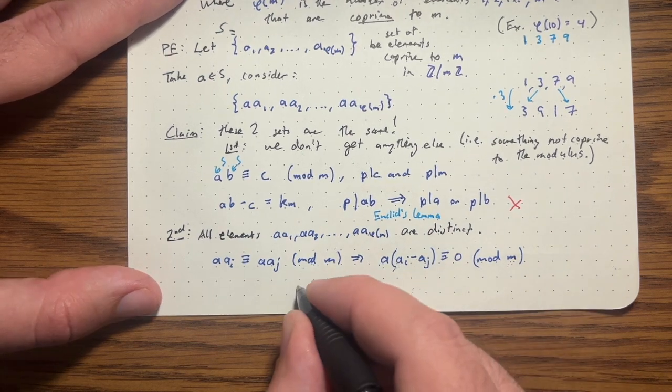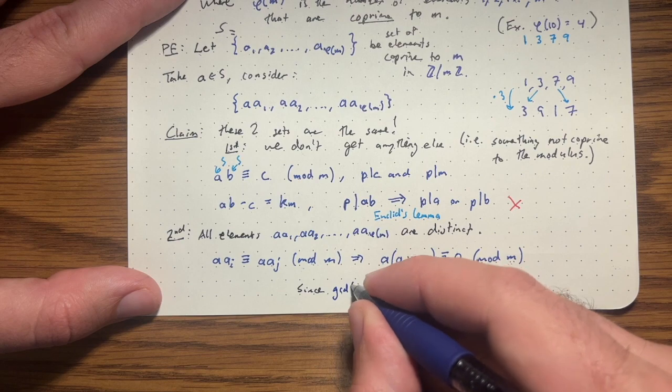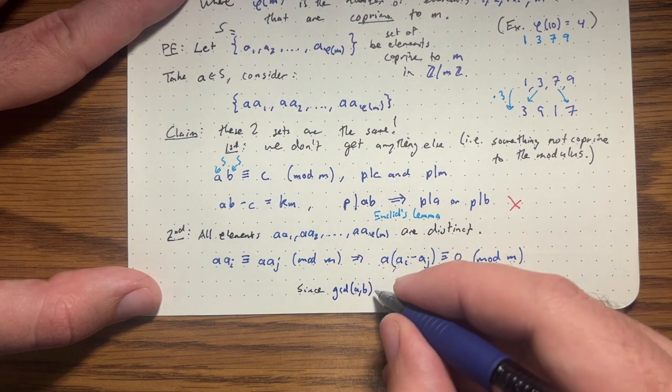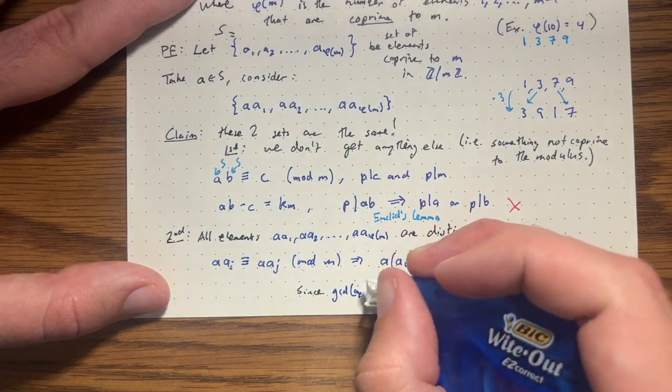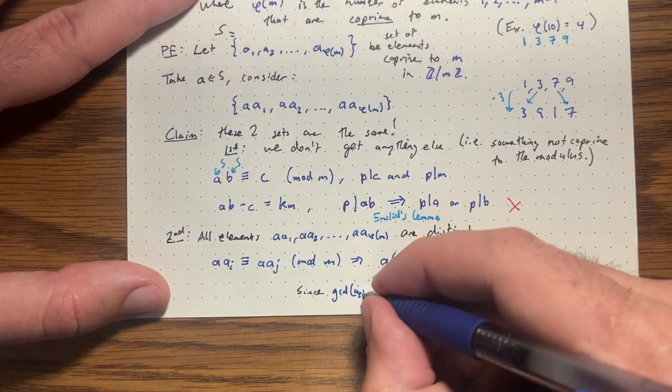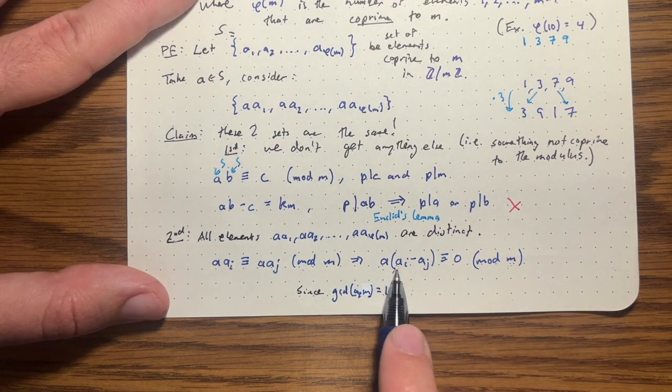But since A and M are coprime, sorry, not A and B. Where is B coming from? A and M. Since A and M are coprime, what do we conclude?